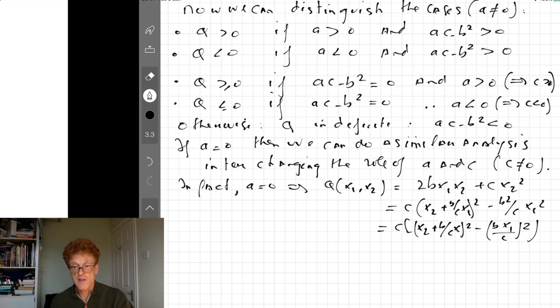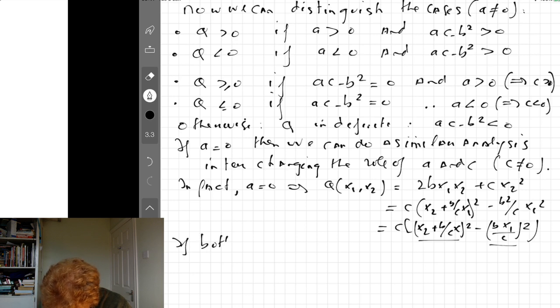So again, and now you can continue there. Now it's only determined by the sign. So now you can analyze this case further by looking at the signs of the two squares.